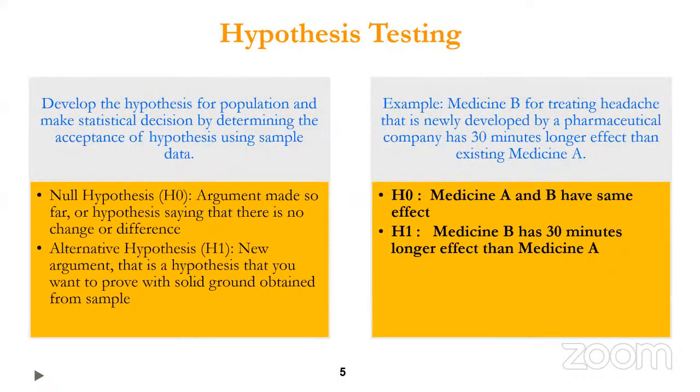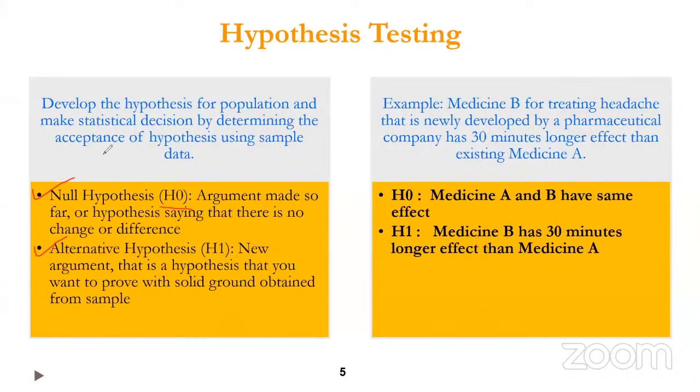Now here, develop the hypothesis for population and make statistical decisions by determining the acceptance of hypothesis using the sample data. When you go for hypothesis test, you need to consider two hypotheses, null hypothesis and alternate hypothesis. Null hypothesis is denoted as H naught.